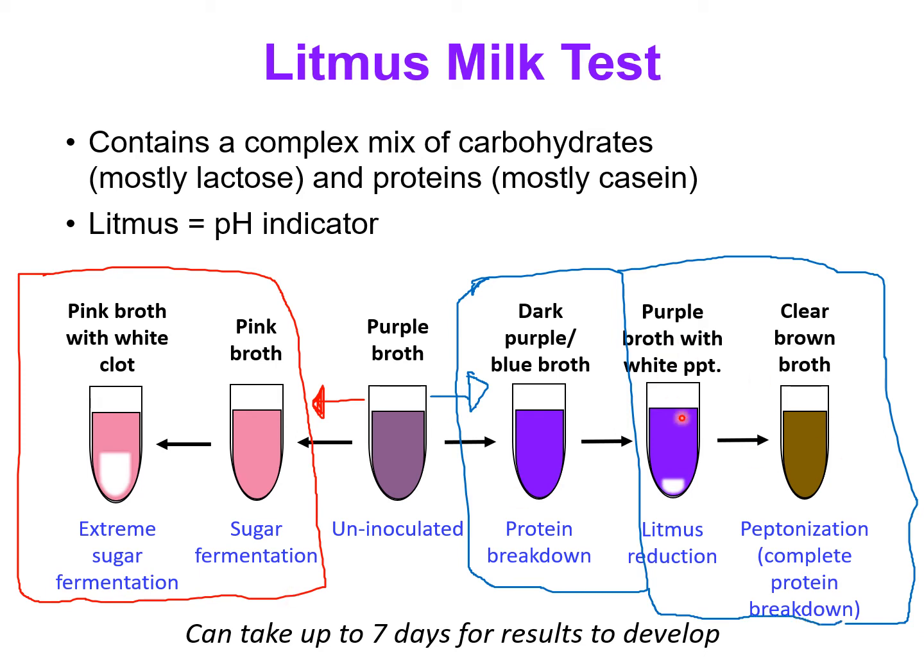Let's take a look at that first one right here. The broth is still purple, but you're getting some white precipitate at the bottom. Now, this white precipitate is not curd. Is it the same as the curd that we were talking about? No, it's not. One way not to confuse it with the curd: remember I said the curd is solid.